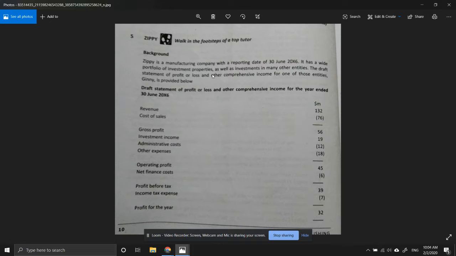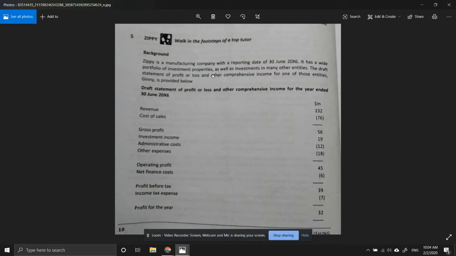It has a wide portfolio of investment properties as well as investment in many other entities. The draft statement of profit or loss and other comprehensive income for Genie is provided below.